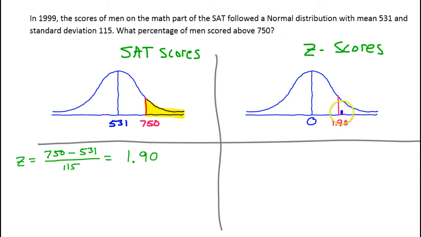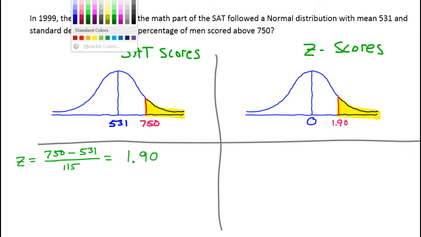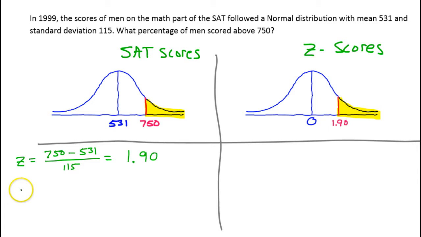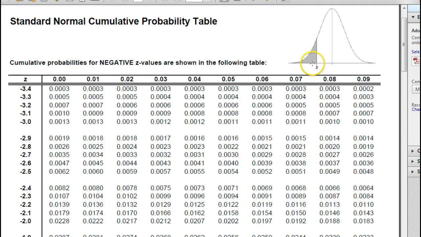In terms of z-scores, that's going to be the percentage of z-scores that are above 1.90. So let's calculate that. Now, a z-score chart is set up to tell you the percentage of z-scores that are below a given value, not above.